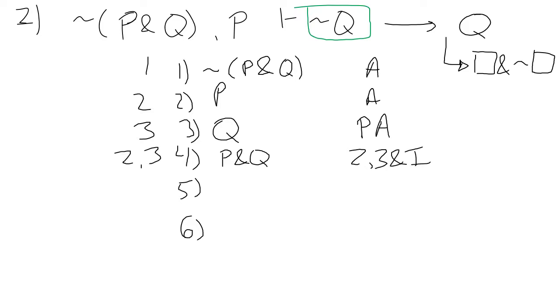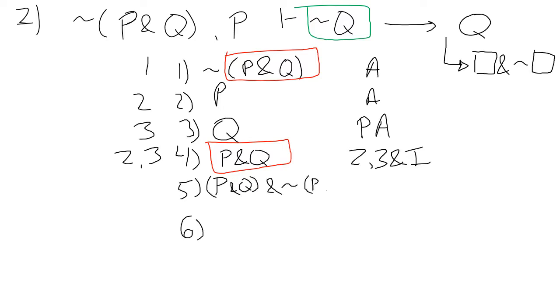And now I have my statement in which I can write P and Q and not P and Q. That's going to be a 1 and 4 and in. 4 is 1, 2, and 3. And now that's a contradiction.